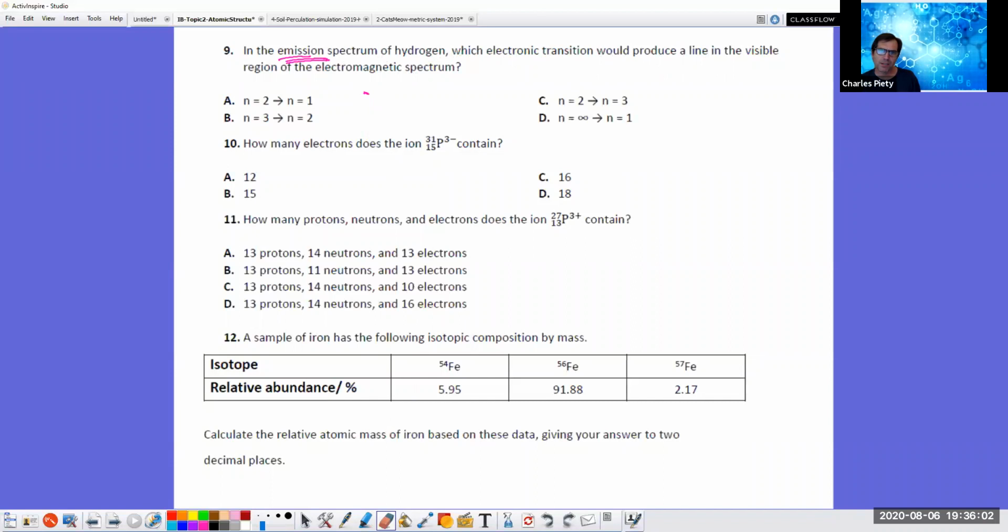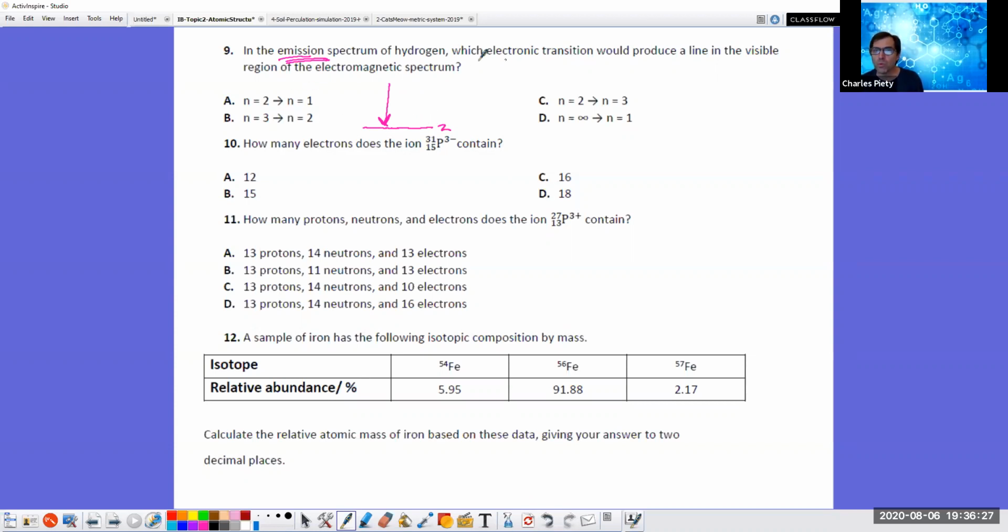And I know some of you are out there going, wait a minute, Piety. When light is being emitted, it's falling in energy. And when it's being emitted in the visible spectrum, it's falling down to the second energy level.